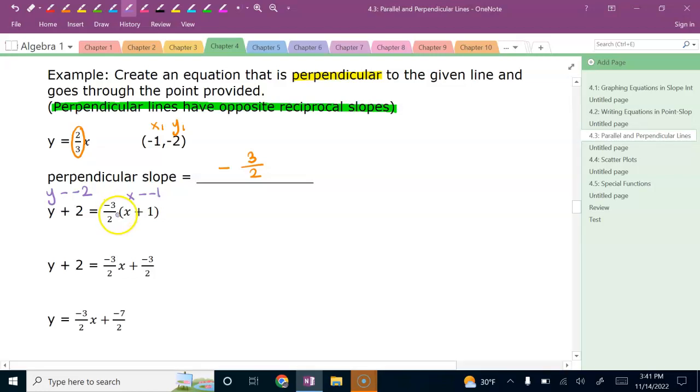So what they did next is similar to what we were doing on those previous examples. Once you've got those pieces of information plugged in, the work to get to your equation is the same. You start by distributing into the parentheses to clear those out, and then they subtracted 2 from that fraction negative 3 over 2 to get that negative 7 over 2 for your final answer down here.